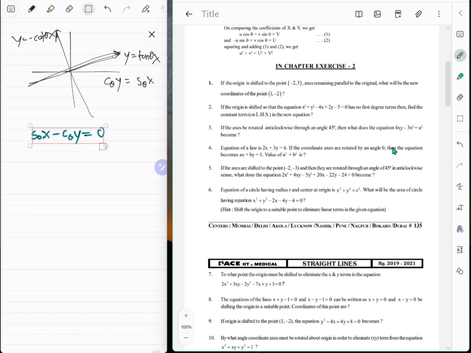Or maybe you can write it in the opposite way. So the whole thing is cosine theta y minus sine theta x upon square root of cosine squared theta plus sine squared theta, that's just one. This is this sine length, and then this sine length, so we'll call that capital Y.